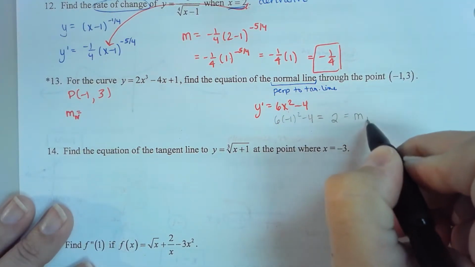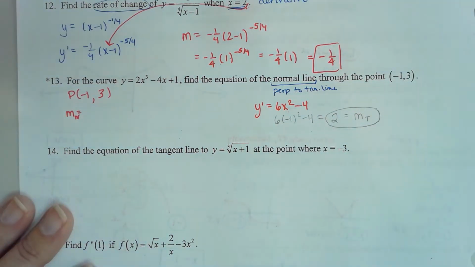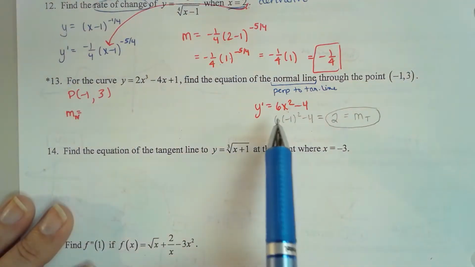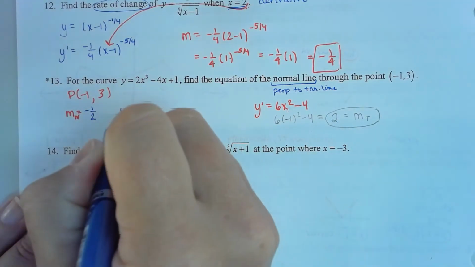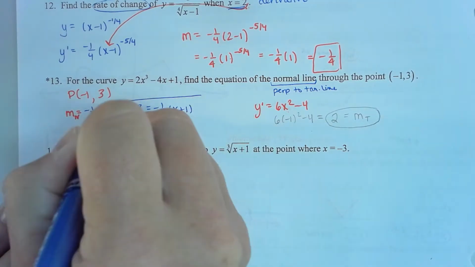This is the slope of the tangent line, right? The derivative gives us the slope of the tangent. We want to be perpendicular to the tangent, and so our slope will be the opposite reciprocal. So now we can write the equation of our line in point-slope form.